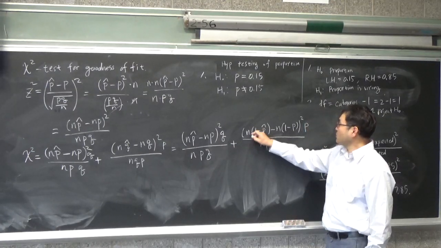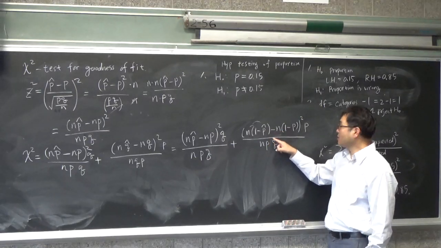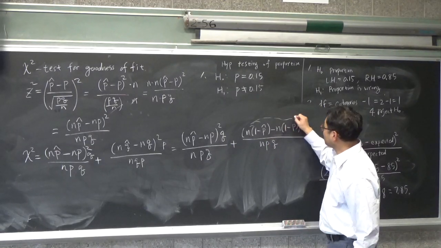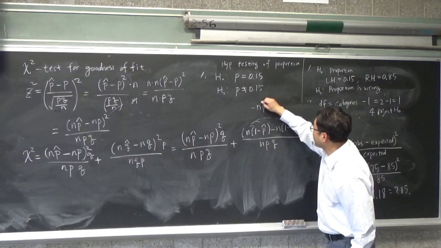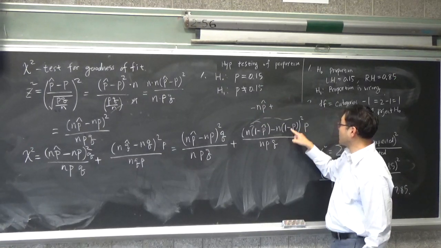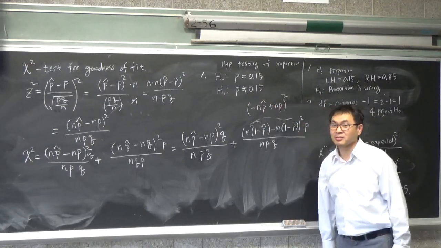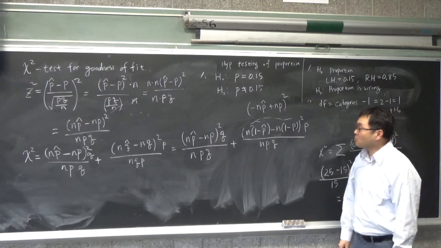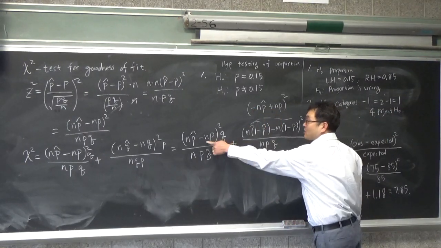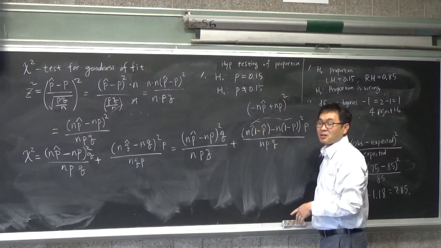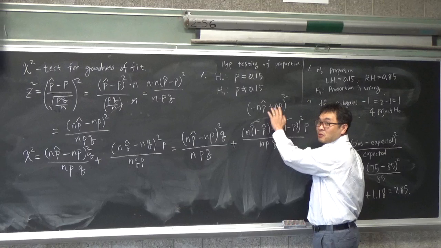But if you multiply them out, n minus n cancel each other, and this thing becomes negative np hat, and minus becomes plus np, squared. Now, we wish this was plus and that was minus, so that's the same thing as the other one, but there's nothing to worry about. It is equal to this plus this minus because it's squared.